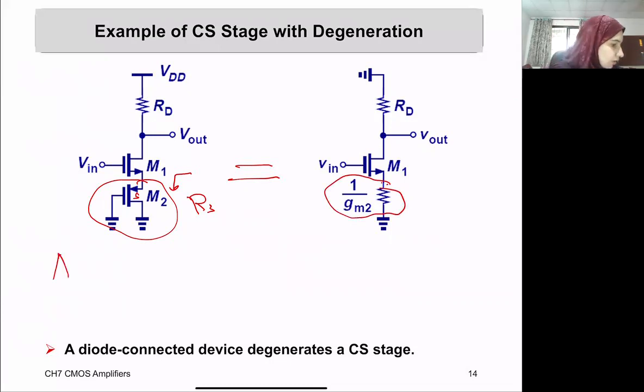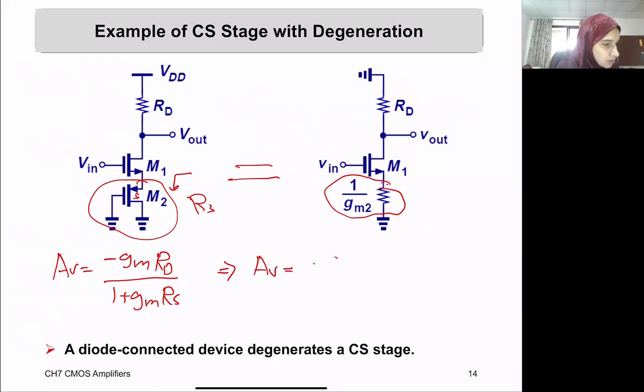Therefore, writing again, the original was minus Gm Rd divided by 1 plus Gm Rs. Now only my Rs has been changed to 1 over Gm2. So minus Gm1, because the input is applied at transistor M1, over 1 plus Gm1 multiplied with 1 over Gm2.